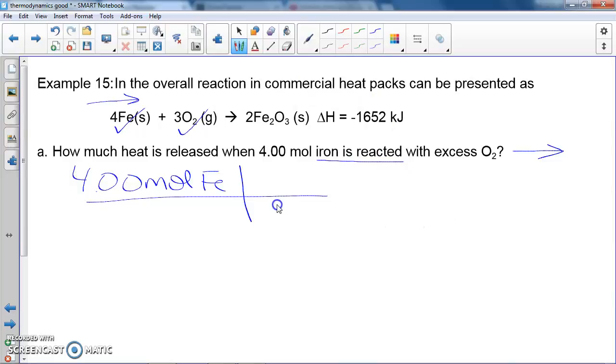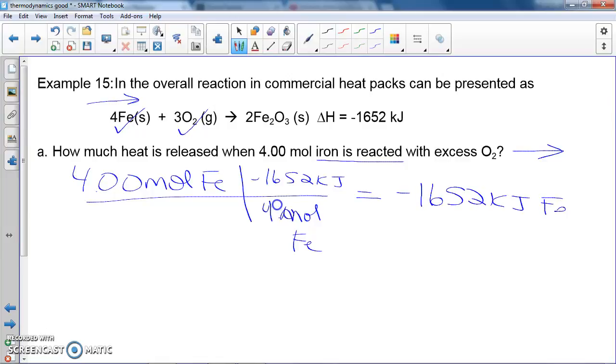So down here then, I will say 4 moles of iron equals negative 1,652 kilojoules. Now it's negative because it's in the forward direction. So when I do my math, I get 1,652 kilojoules.